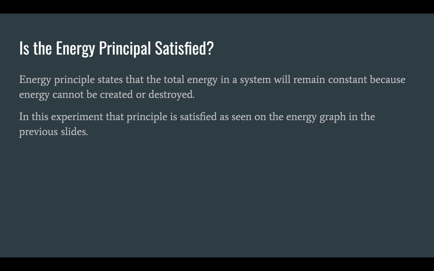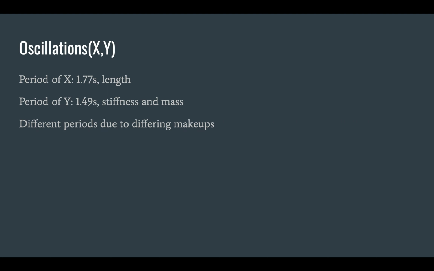In fact, a better way to state the energy principle is that energy cannot exit a system. In this experiment, that principle is satisfied as seen on the energy graph in the previous slides. It shows that the energy is a straight line in that graph, which means that it's constant, it doesn't change. So the principle is satisfied.